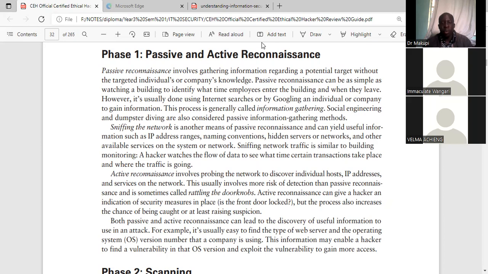If I want to check whether your house is open, I just try to shake the door. And then if it opens, then I know this house is not locked, you see? And then I get inside. So normally active reconnaissance gives a hacker an indication of security measures in place. But the process also increases the chance of being caught or at least raising suspicion.